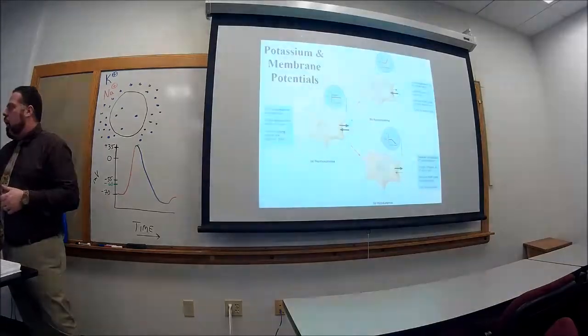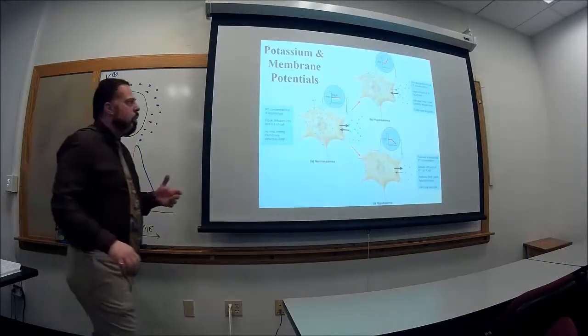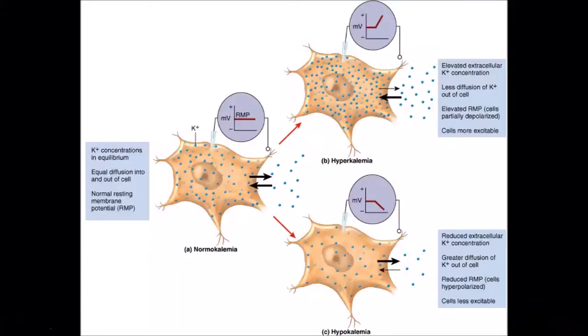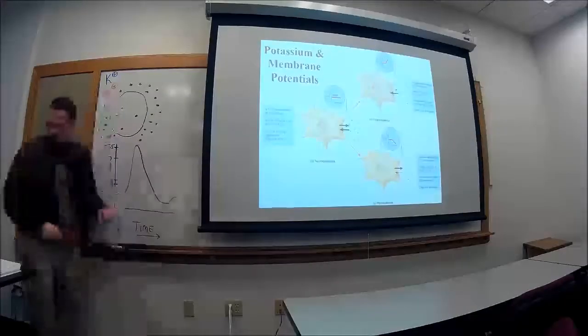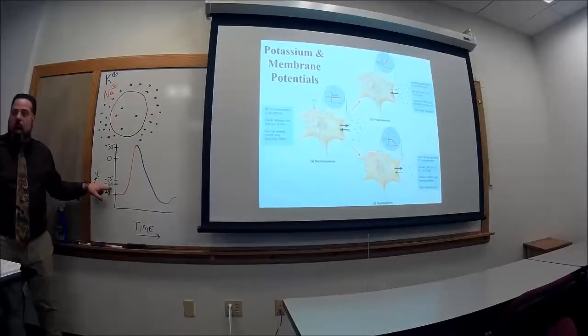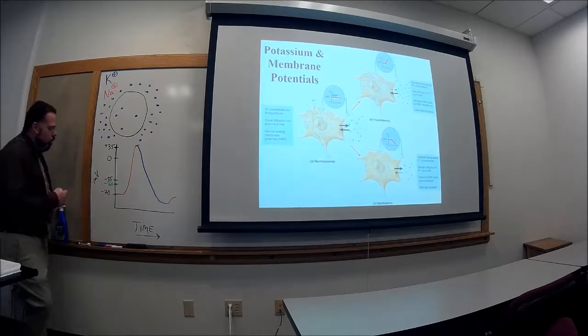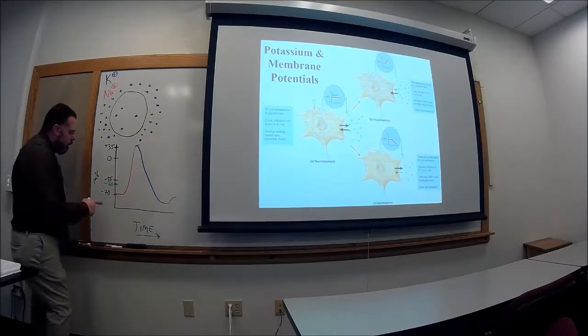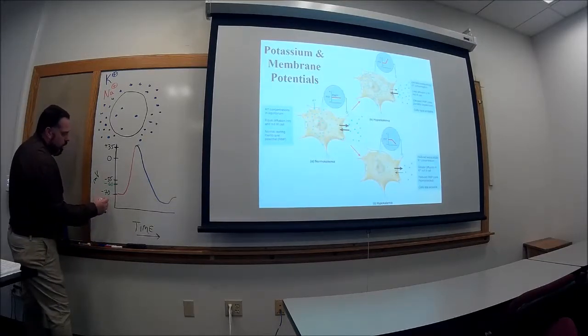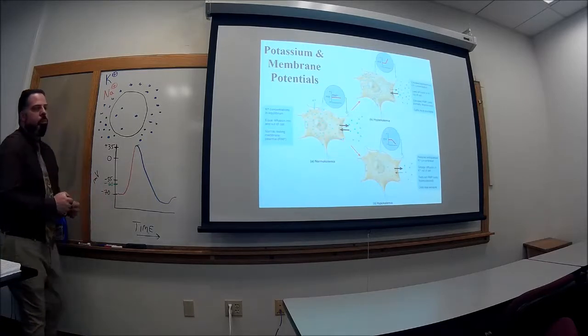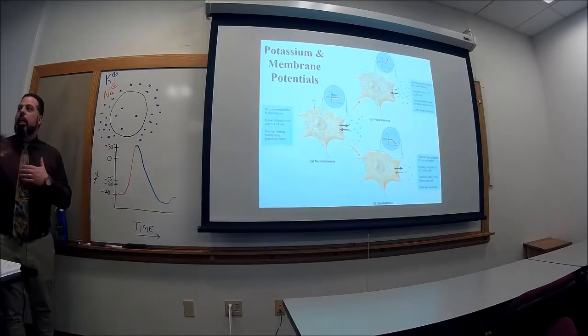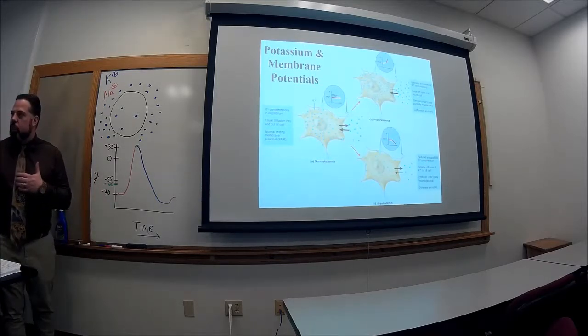All right? And this is just showing you, again, oh, and let me just show you really quickly over here. So I showed you with hyperkalemia. If you have hypokalemia, now let's just draw this in a different way, the potassium is going to leave faster, right?